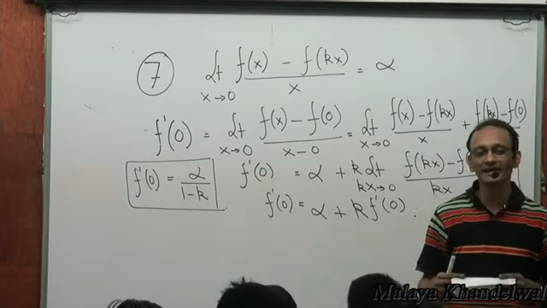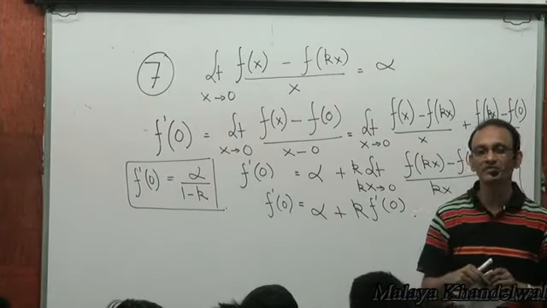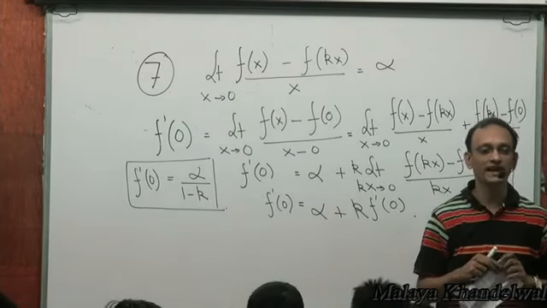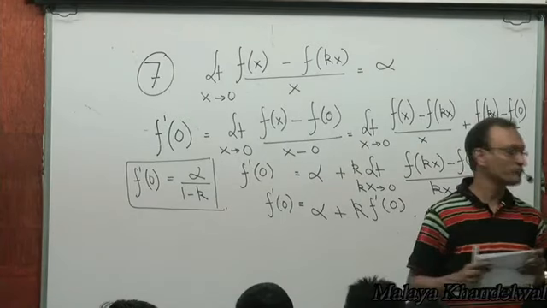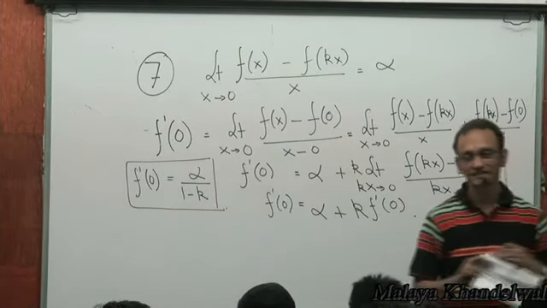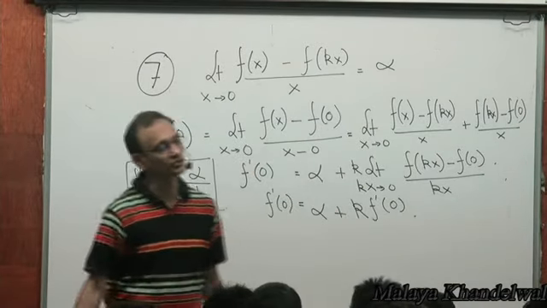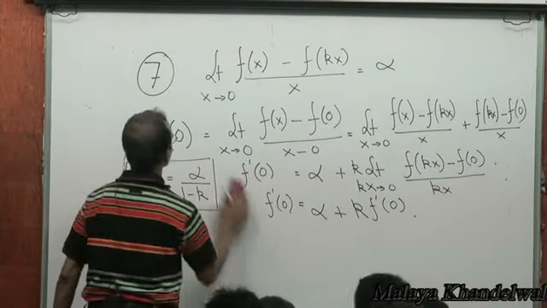I want you to think why k lies between 0 and 1. Please think about it. Given minus a to plus a, why would it be advisable to have k lying between 0 and 1? Please think based on the domain of this function, you'll realize why k has to lie between 0 and 1.